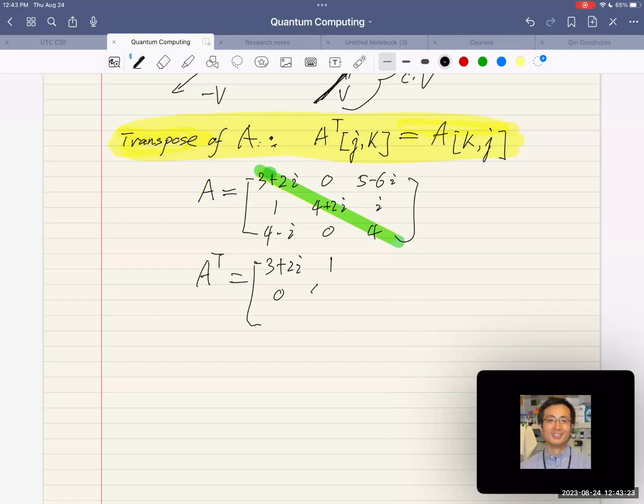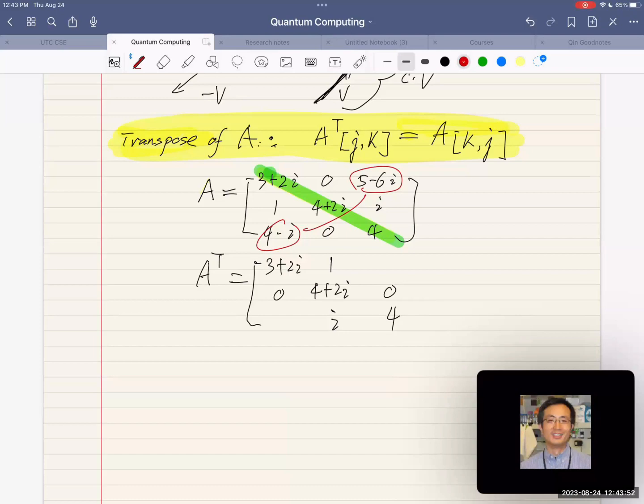But 4 plus 2i will still be there, 4 will still be there. But 0, i and 0 will also be flipped. 4 minus i and 5, those two numbers will also be flipped.